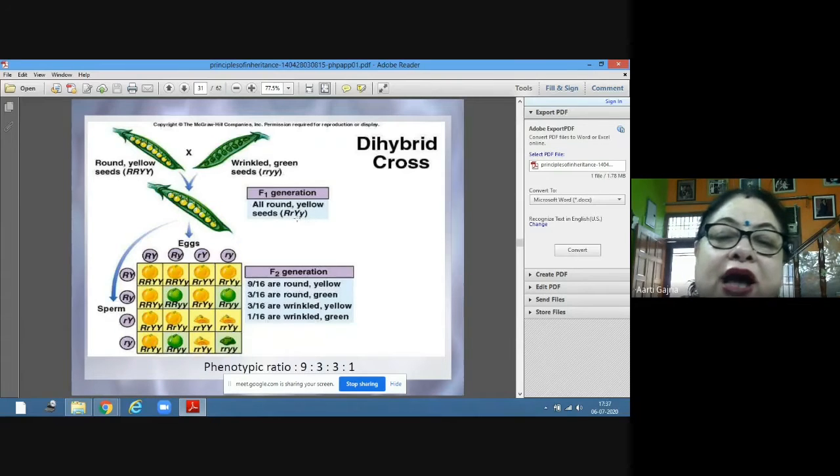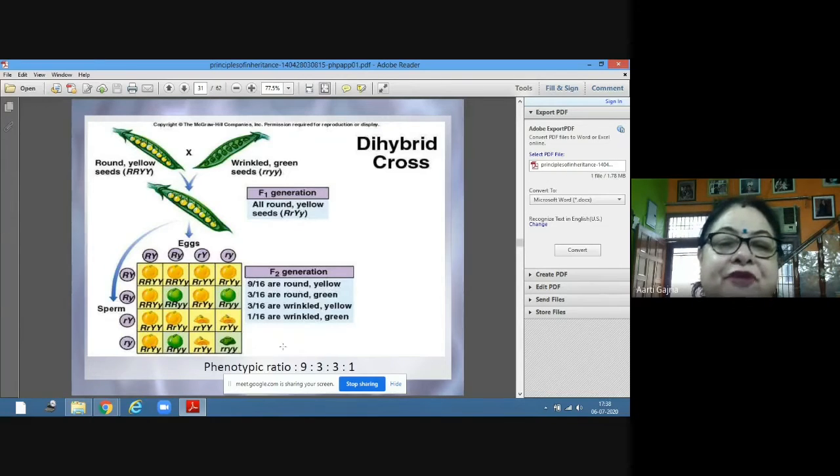Though small r and small y are present, they are not able to express themselves because they are recessive alleles. And capital R and capital Y are expressing themselves because they are dominant. Clear? So they all were round and yellow. Now when he self-crossed, this is the Punnett square of dihybrid cross.